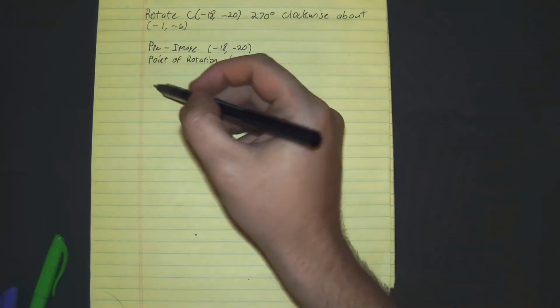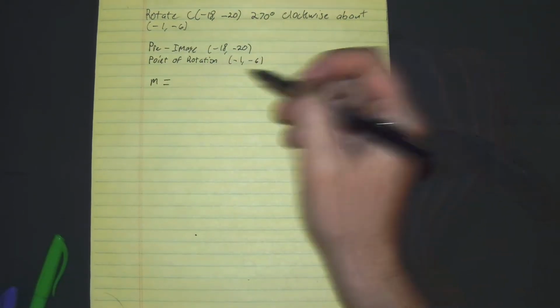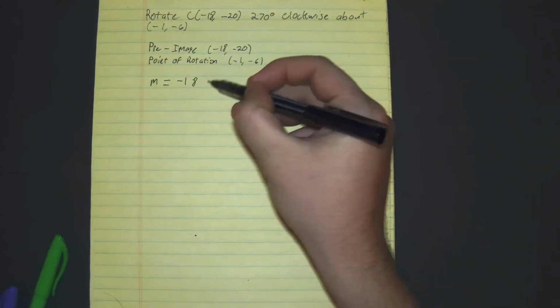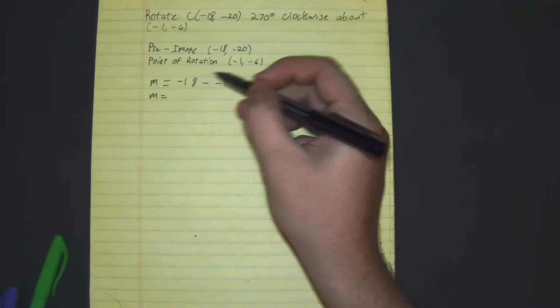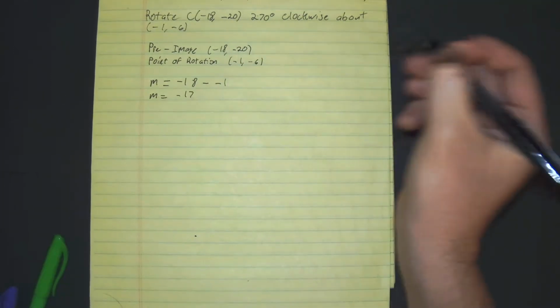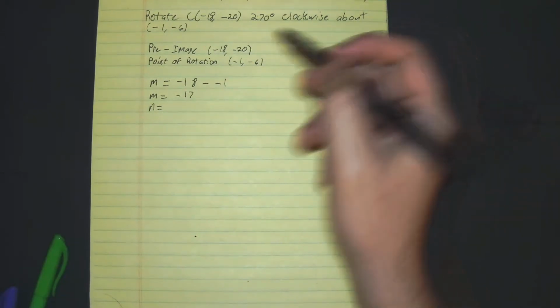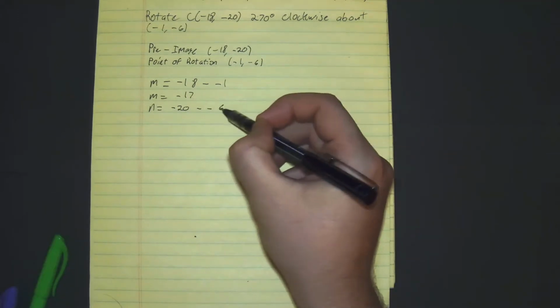Okay, so I'm going to use this arbitrary letter M to represent the x value in relation to the point of rotation. So we have negative 18 minus negative 1. You get M is equal to negative 18 plus 1, which is negative 17. N represents the difference between the y values. Negative 20 minus negative 6.